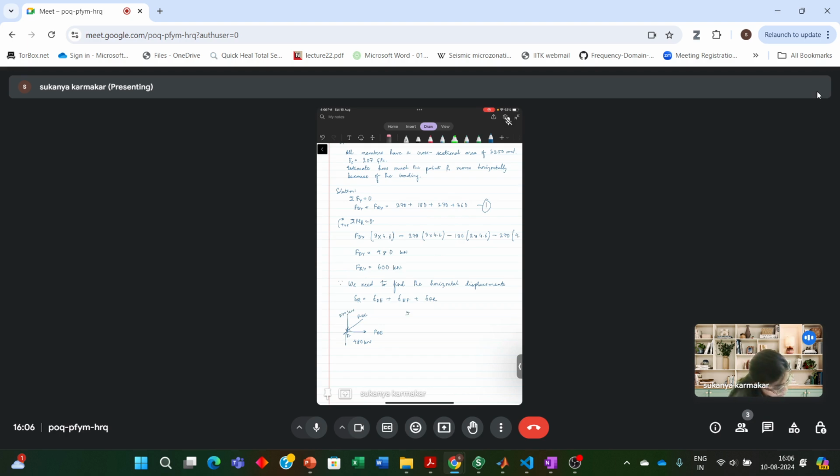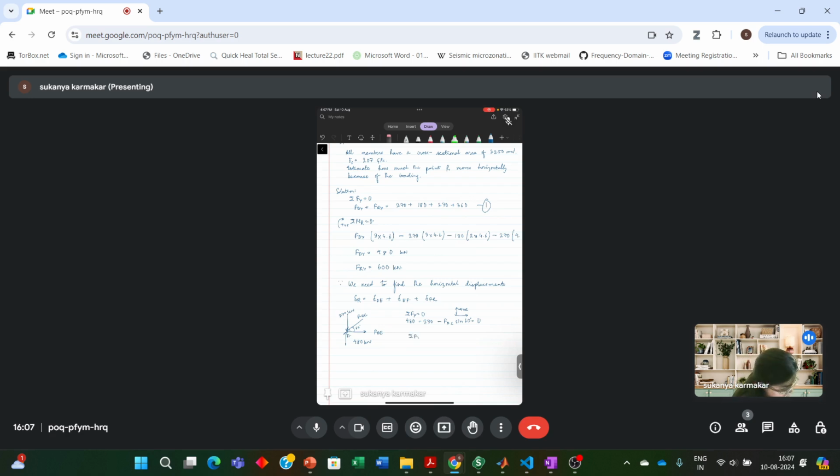Now let's do summation of Fy is equal to 0. So 480, this is taken as the positive direction, minus 270 minus FDC. This angle is 60 degrees, so sine 60 degrees equal to 0. From here you get the value of FDC.